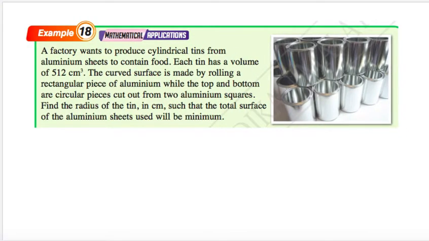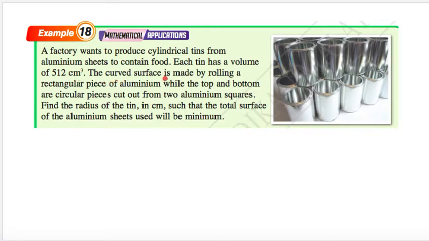Okay, this is quite long. A factory wants to produce cylinder tins from aluminium sheets to contain food. This is the tin. Before that is a sheet, like a paper. Each tin has a volume of 512 centimeter cube.